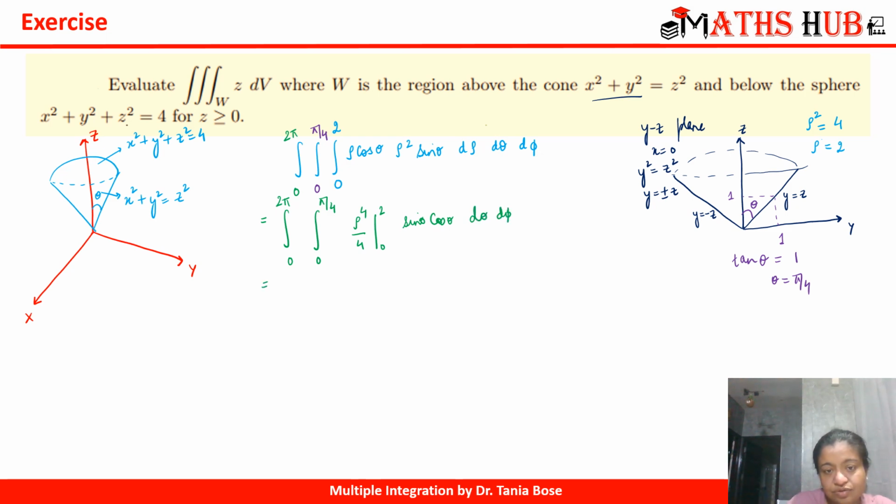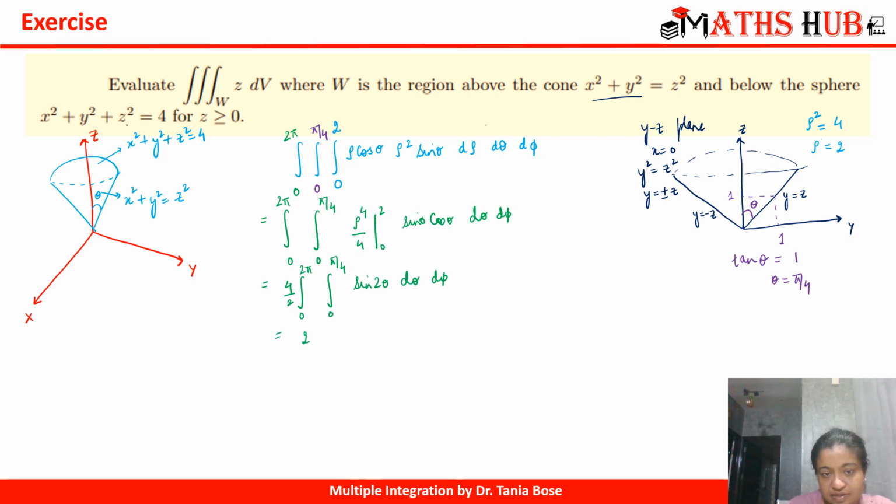Now this is 2 to the power 4, that is 16 by 4, so that will become 4. Sine theta cos theta, I can multiply by 2 and divide by 2. So 4 divided by 2, and I'll have the integration of sine 2 theta d theta d phi.